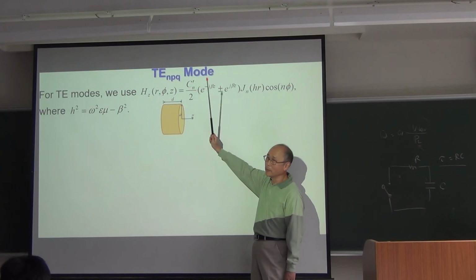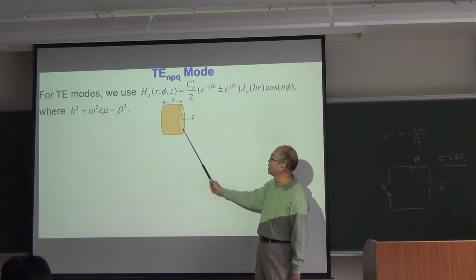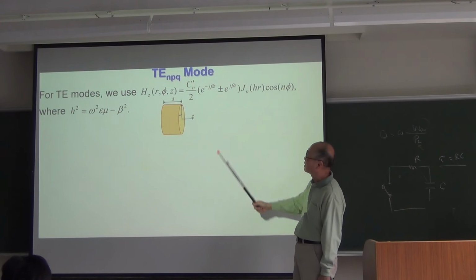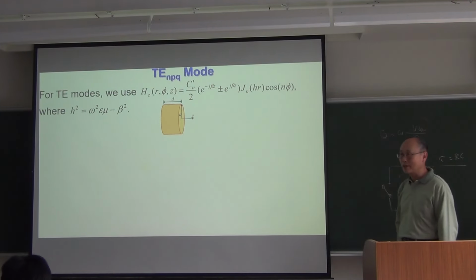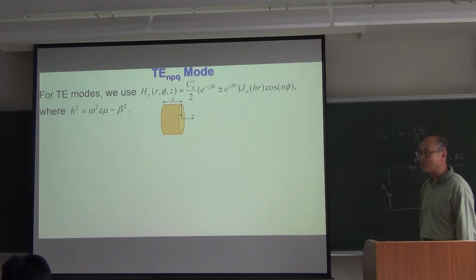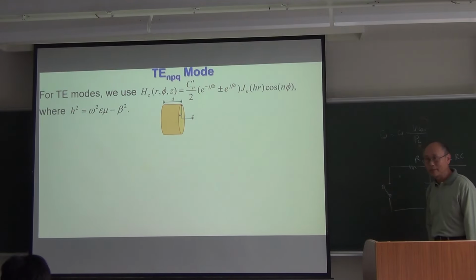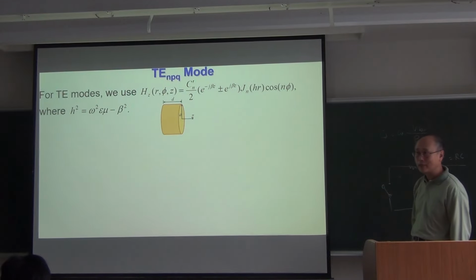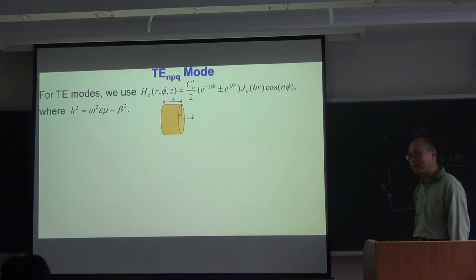And this is the normal component of the magnetic field on the z surface. So you'll be expecting that this is, I'll give you nothing, because the normal component of the magnetic field at the boundary has to be equal to 0. Tangential component of the magnetic field on the metallic boundary has to be equal to maximum value.